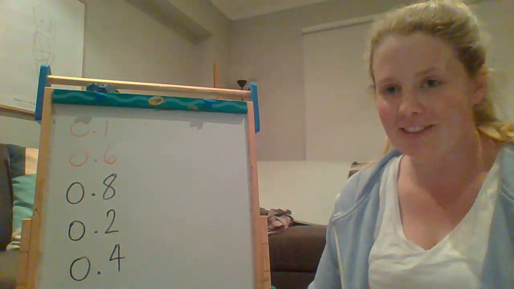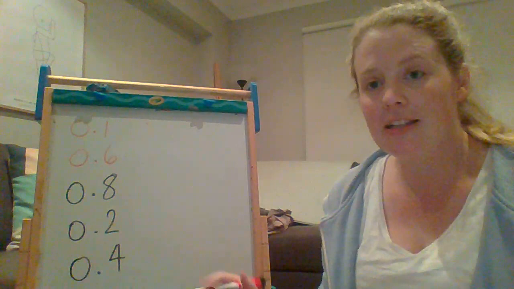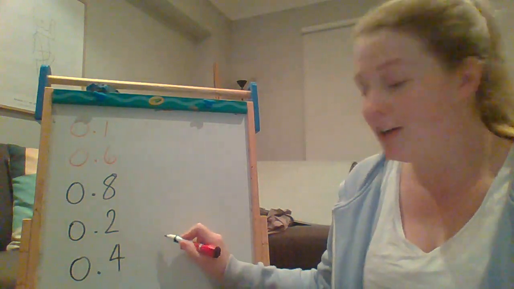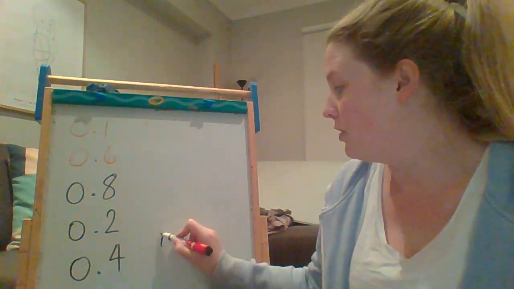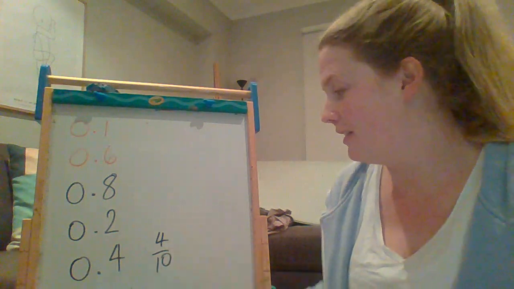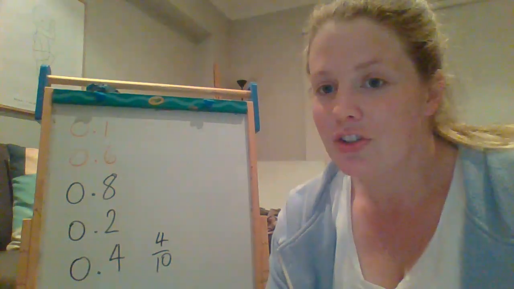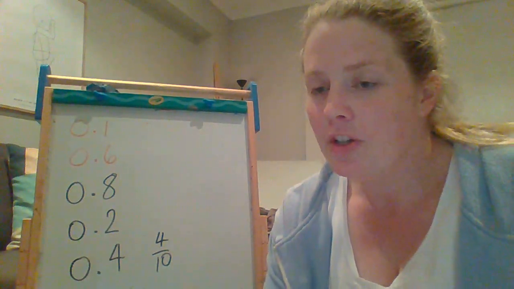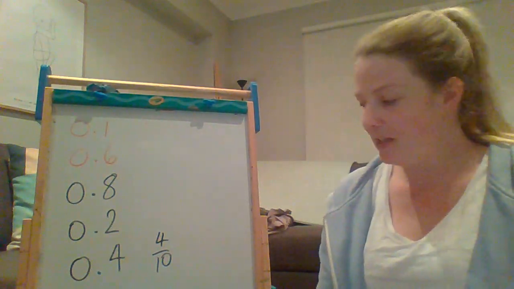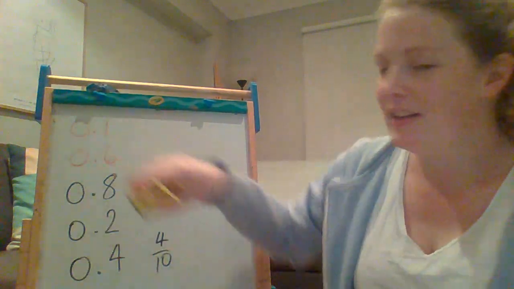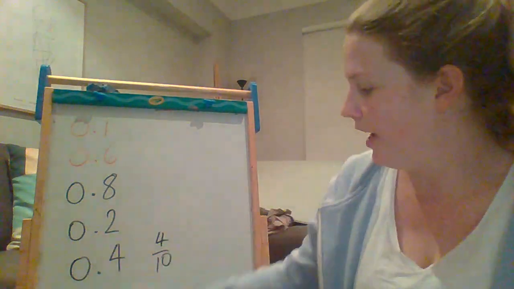4/10. Excellent. Very good. And remember, these are the same as writing it as a fraction, like we would do 4/10 like this. It's just a different way of writing it. It's a fraction. So in the next couple of slides, I've written these in words, okay?